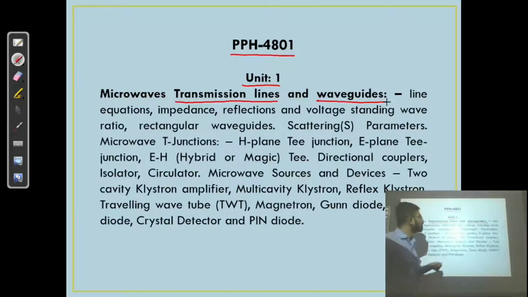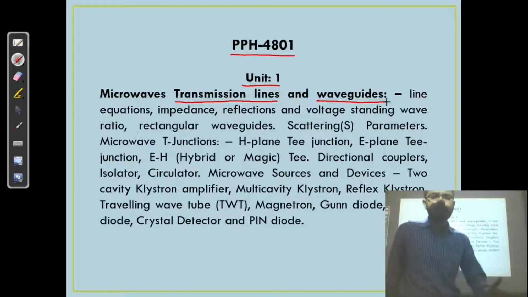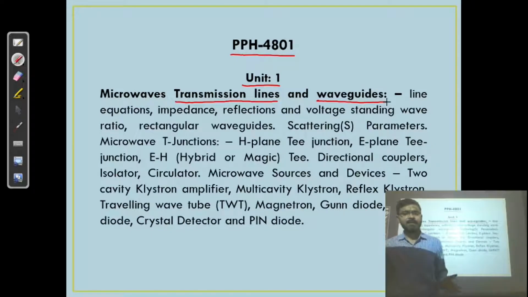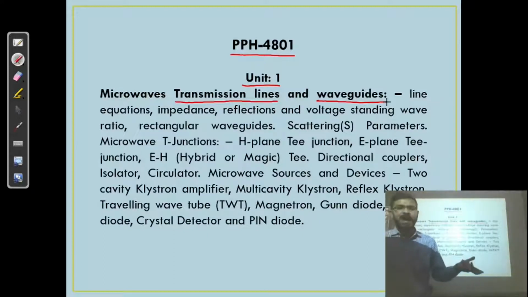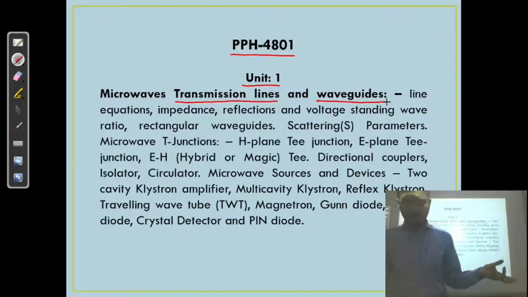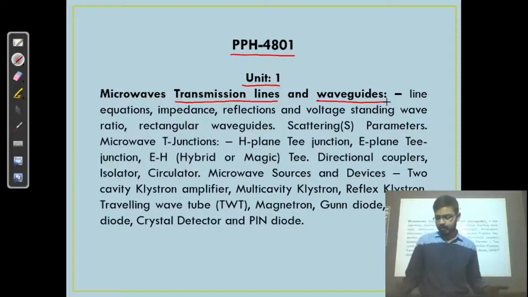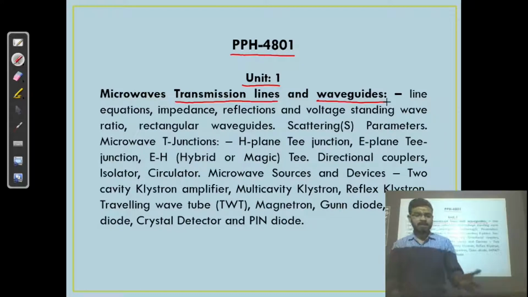Now let us think about this. What are transmission lines? Forget about microwaves. What is the simplest form of transmission line that you can understand? You can take a simple wire, a two-core wire, or a wire which has been connected to your mouse or PC.